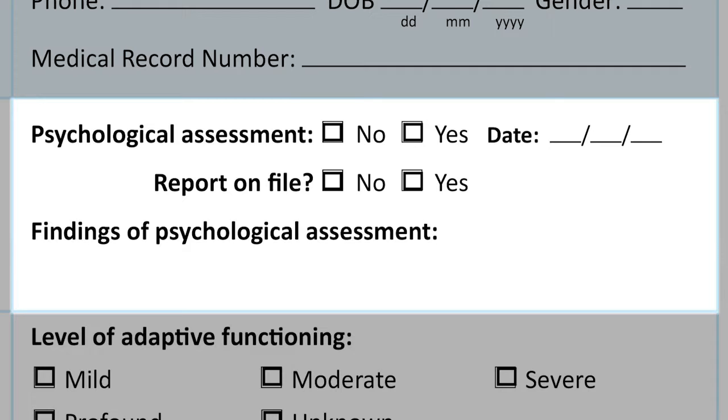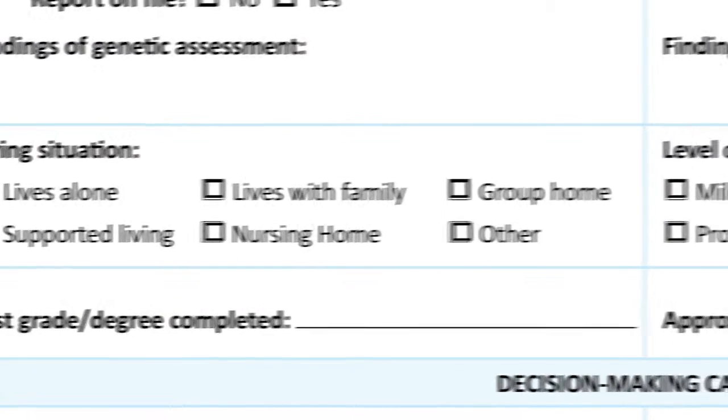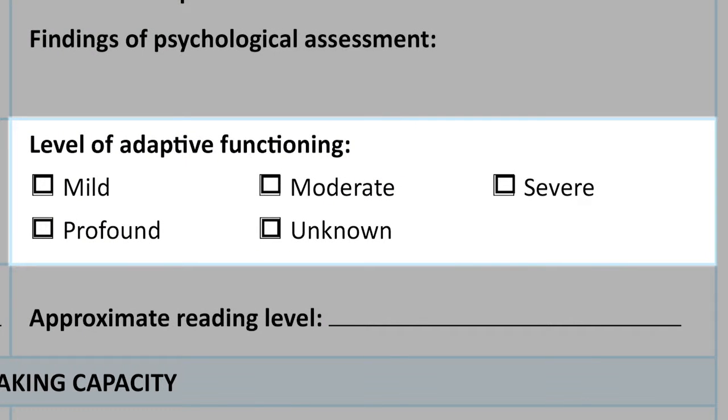What about psychological assessment? That can be helpful in so many ways, including diagnosis of an intellectual disability. What's the living situation for the person? Again, there's certain implications to that. And it's very helpful for me to know the level of the person's adaptive functioning. And there's a separate tool on this that outlines some examples of each of the 4 categories of adaptive functioning: mild, moderate, severe, and profound.